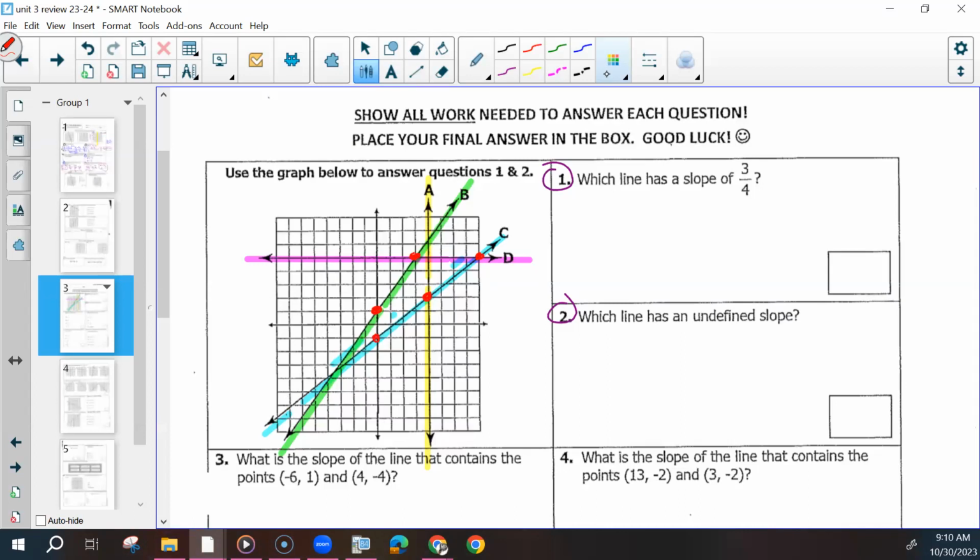So would that be B? If I'm going from this point to this point, I'm going up 4 to the right 3, which would be 4/3, not 3/4. I'm sorry, I said D, but I meant B and C. My bad. C was the correct one.